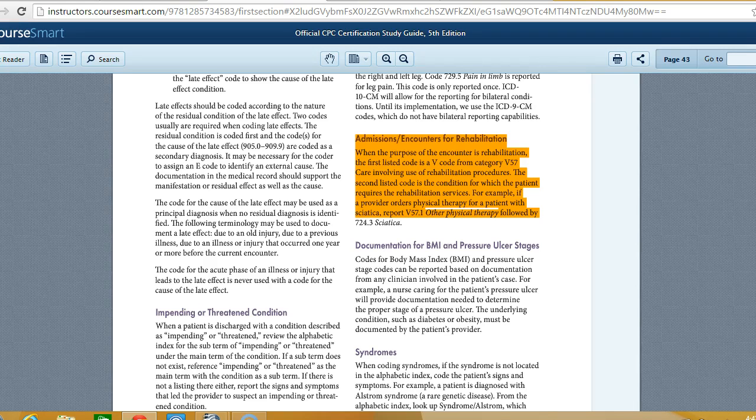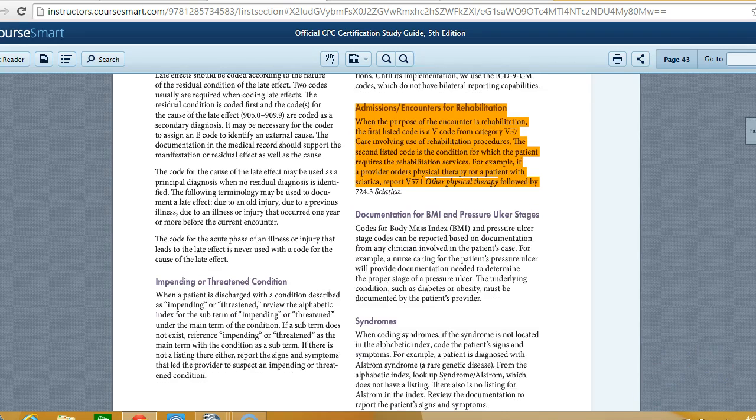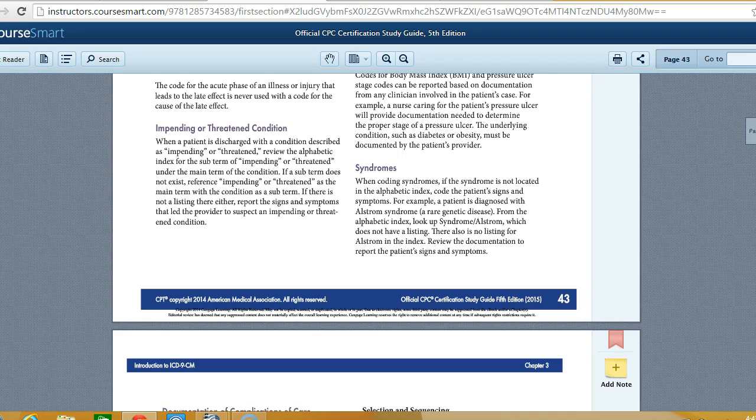Let's say that is a stage 2. That would be 707.22, which is what you would code secondary. So it would take 2 codes to completely code out that scenario. All right, make sure you know that about your pressure ulcers.